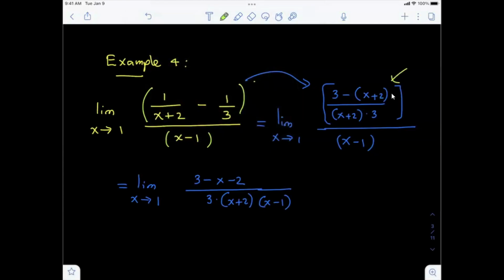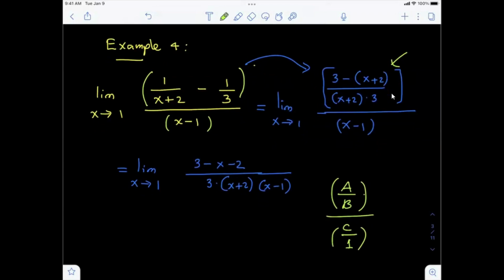By any chance, if you do not see this, this is how it would be. You have something like a over b right there. And then you divide it by just c, right? I will write it as c over 1, because most of you may recall the simplification in this way. When you have a fraction in the denominator, you can flip and multiply. When you flip and multiply, what you're going to get is a divided by b times 1 divided by c.